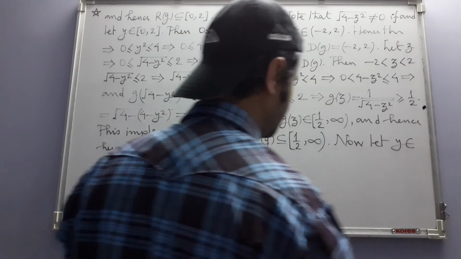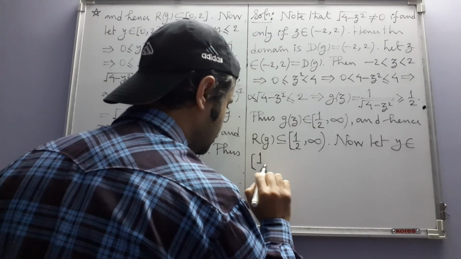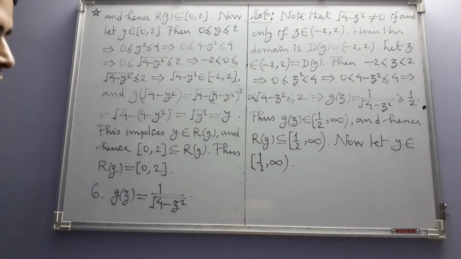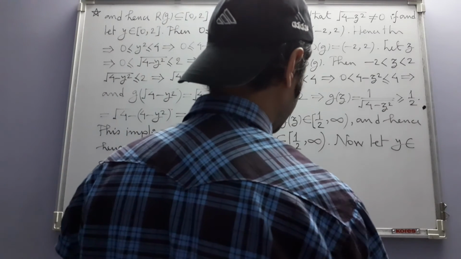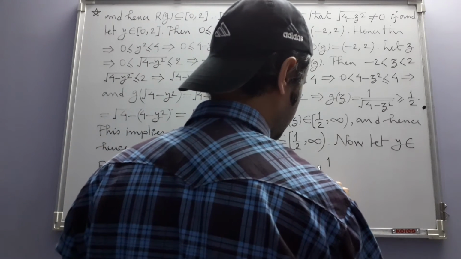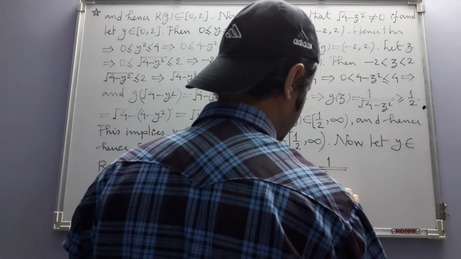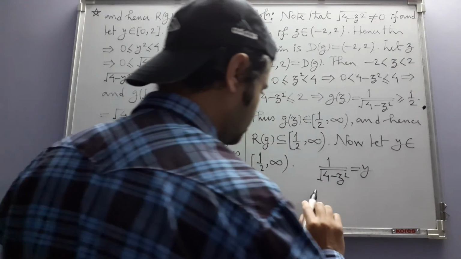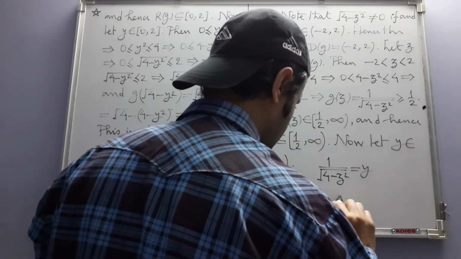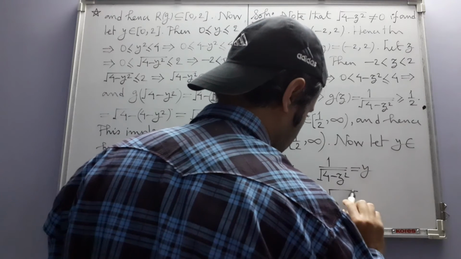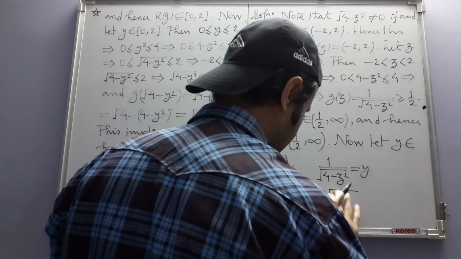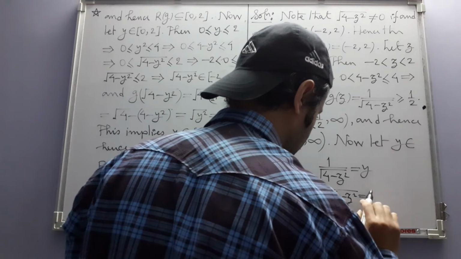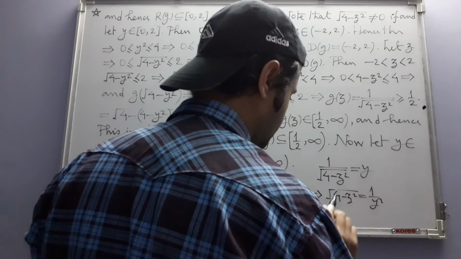Now let y be any number in this set, in this closed ray interval. We want a z such that g(z) is equal to y. So 1 over the square root of (4 minus z squared) is equal to y.